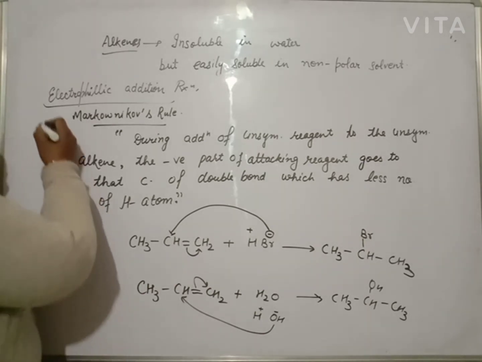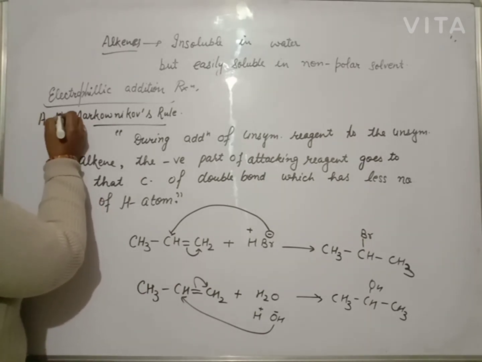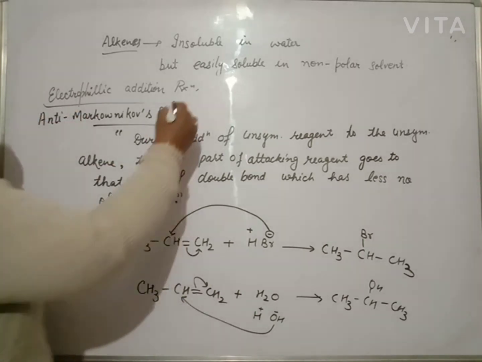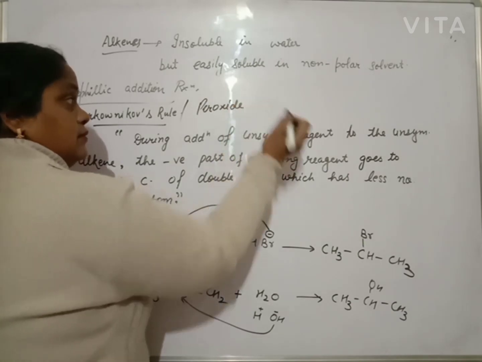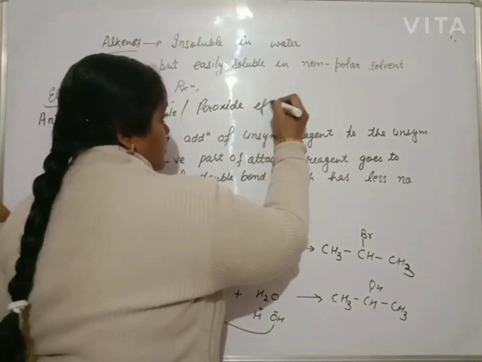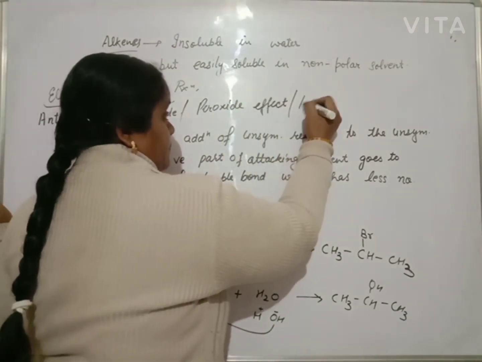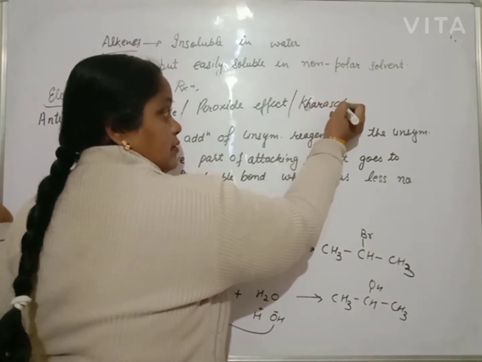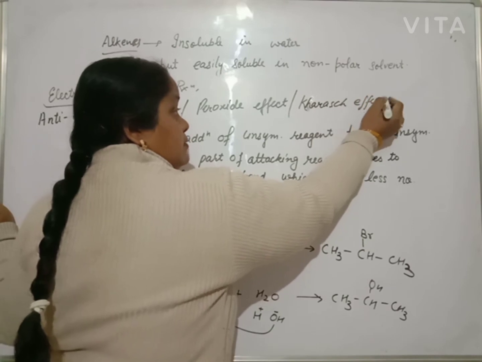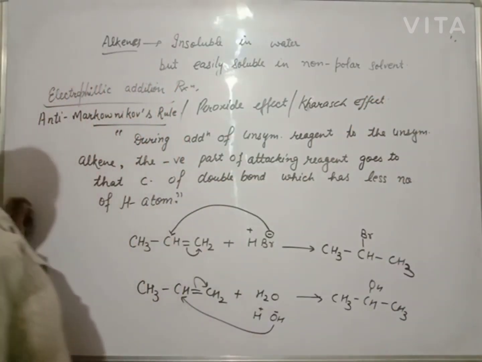Now anti-Markovnikov addition. Beta, this rule is also known as the peroxide effect, or the Kharasch effect. What is the reason for that?